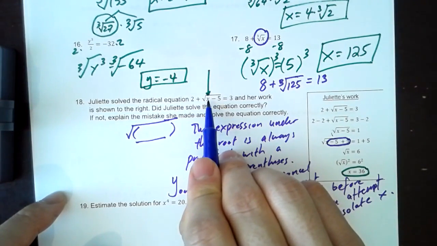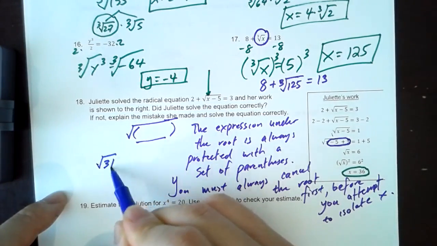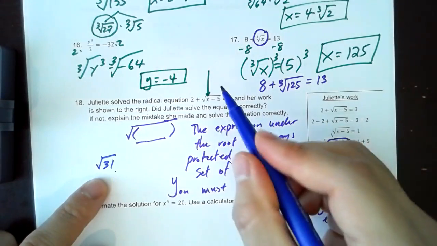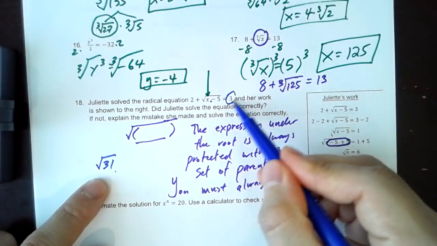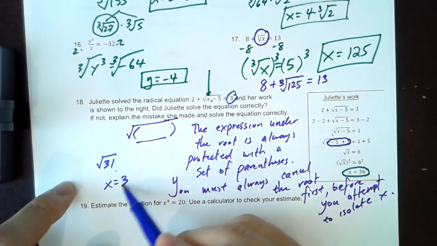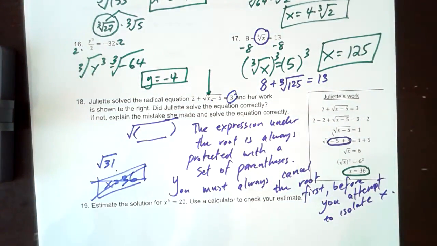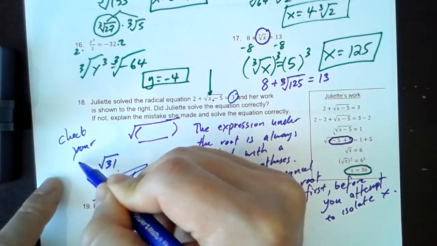If I plugged in 36 in here, I would be getting the square root of 36 minus 5, and that is the square root of 31. So we know for sure there's no way that 2 plus the square root of 31 is equal to 3. So x equals 36 is definitely wrong. There's no way that that's going to be true. So always check your answer.